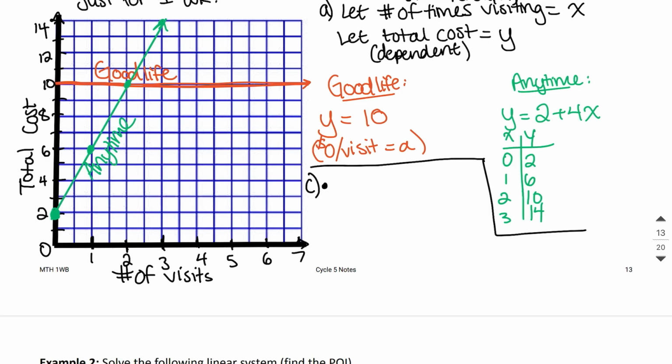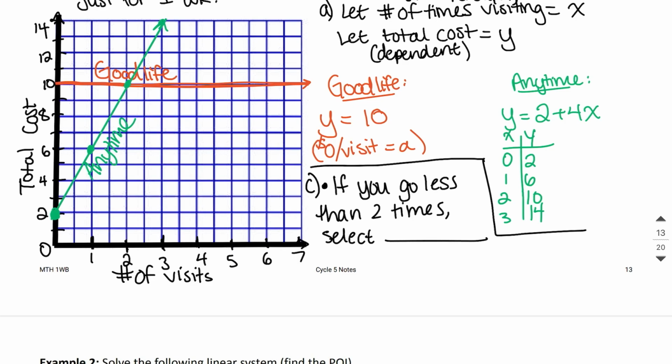So the first blank that you would fill in is, if you go less than 2 times, you should select which one.